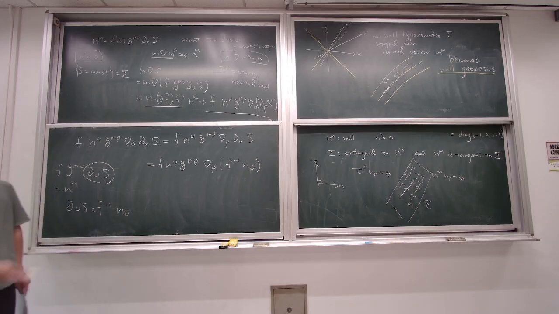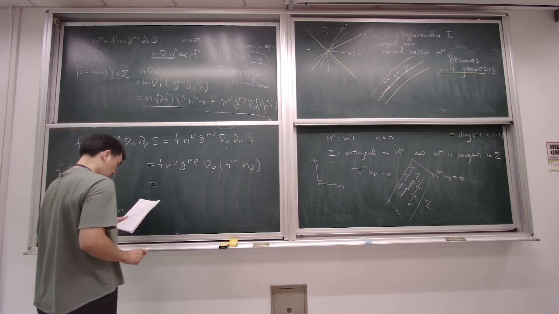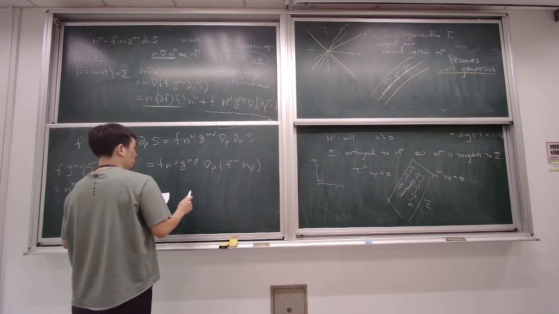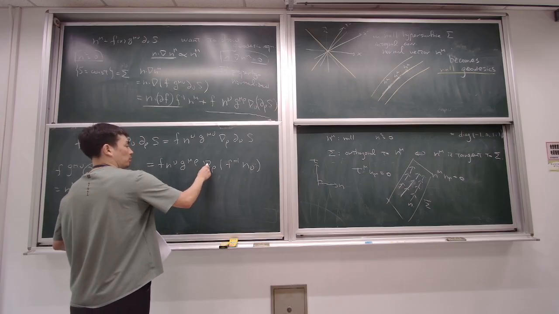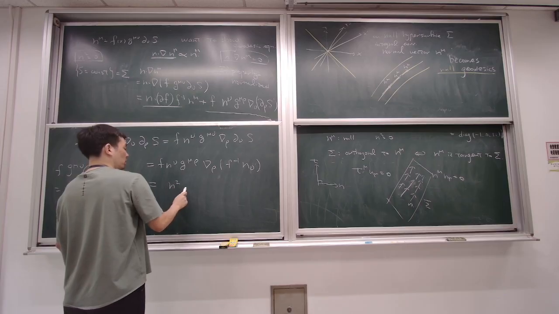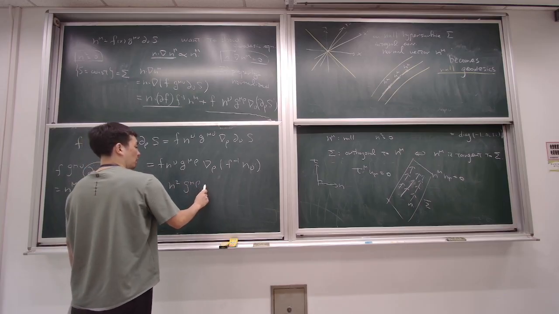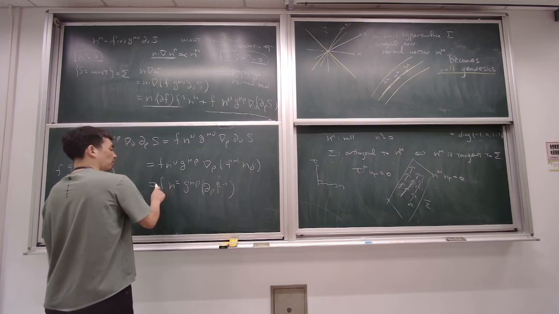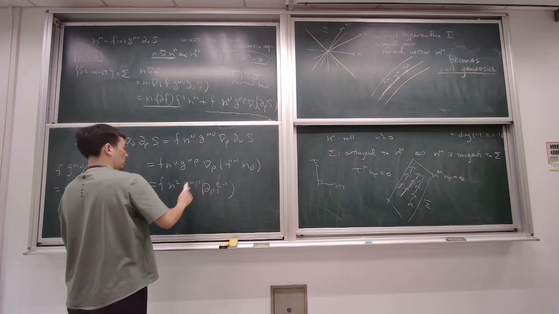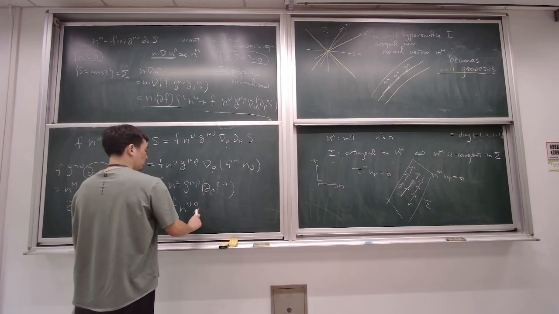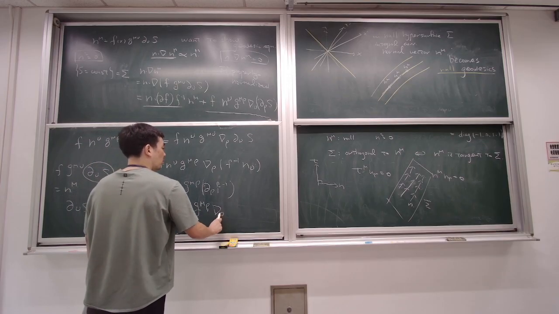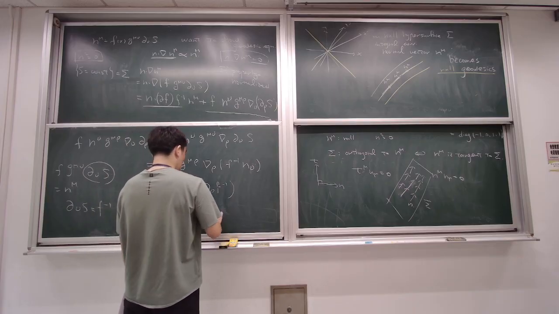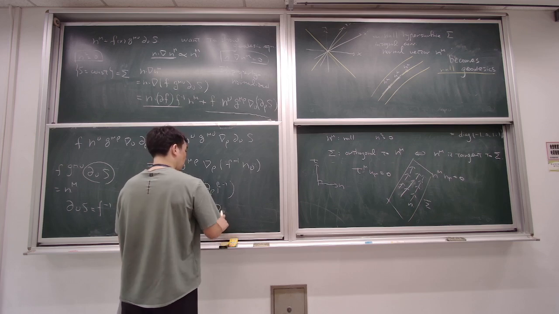So you just plug that in here and use the Leibniz rule. If the first one acts on here, you get n square g mu rho del rho f inverse, f inverse of f, plus the f n nu g mu rho nabla rho nabla nu.